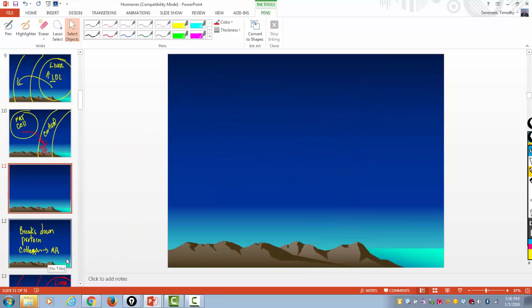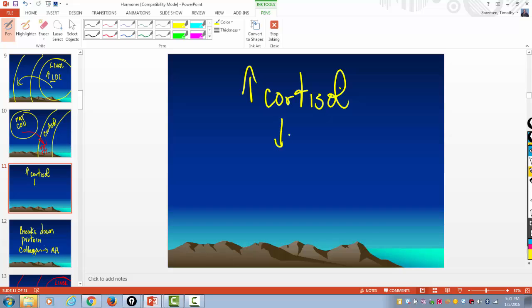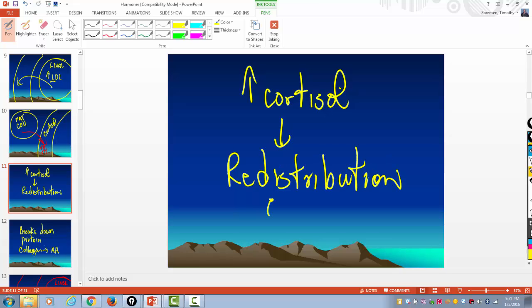The other one, and to be perfectly honest, I'm not sure exactly how this happens, but with excess cortisol, with high levels of cortisol, there is a redistribution of body fat. It's termed central obesity.